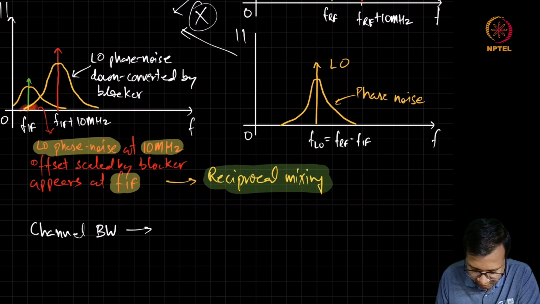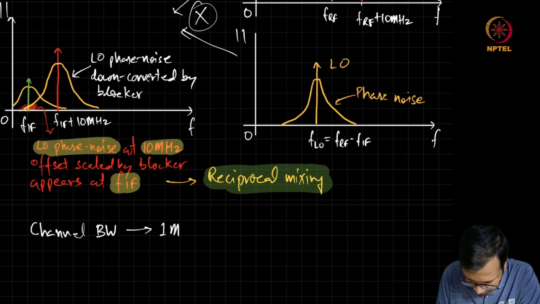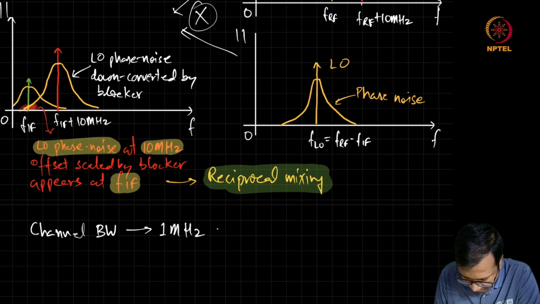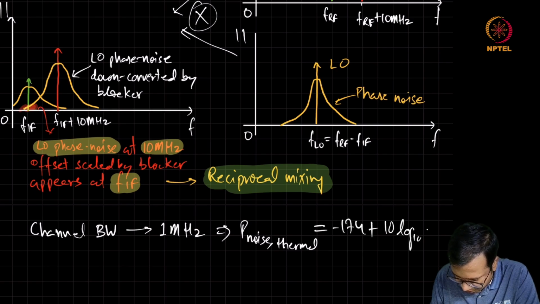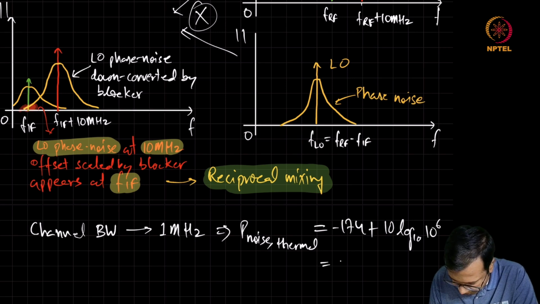Say the channel bandwidth is 1 megahertz, implies the thermal noise floor at the antenna is going to be equal to minus 174 plus 10 log of 10 to the power 6, which is equal to minus 114 dBm.